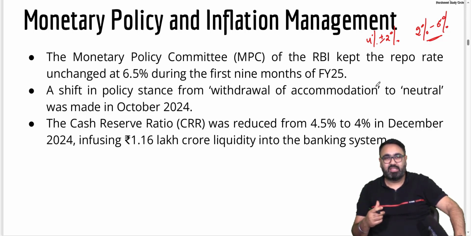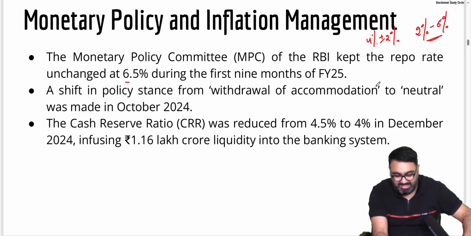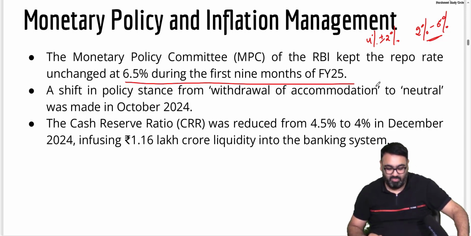How do they do that? They keep on changing the repo rate, they keep on changing other measures so that the liquidity, the money supply in the market is controlled. Now, as per the economic survey, for the first 3 quarters, that is for the first 9 months, the repo rate by the RBI was kept unchanged at 6.5%.